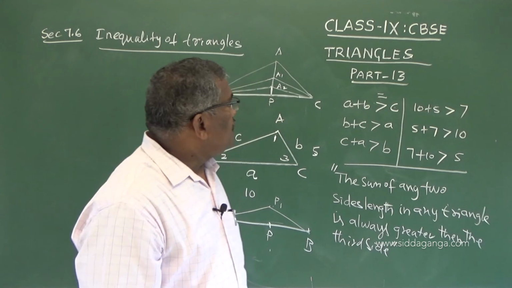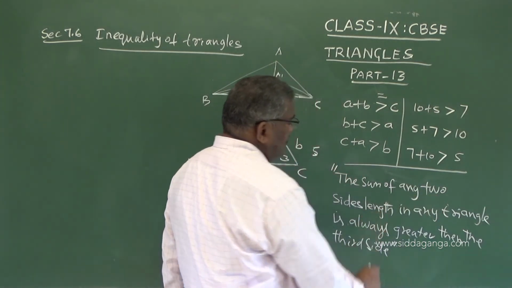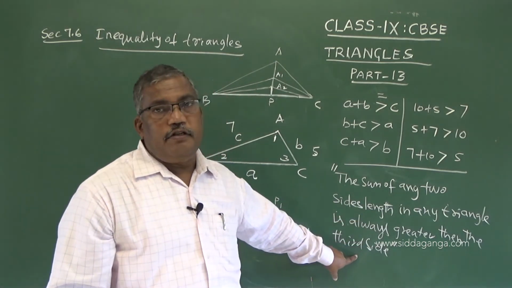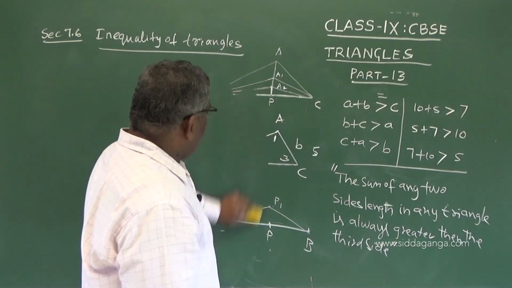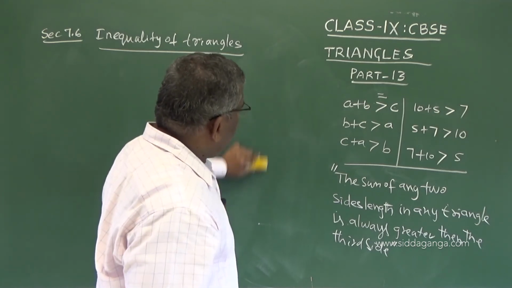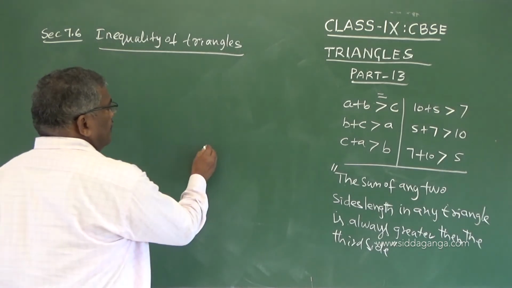So these things, the sum of any two sides lengths in any triangle is always greater than the third side, and if any side is greater, then the angle opposite to it will always be greater.